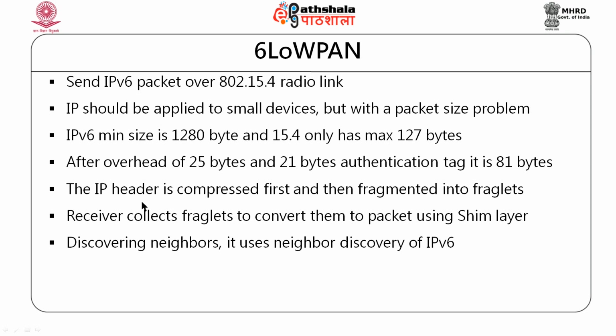So, that is the reason why the IP header is compressed first and then fragmented into fraglets, and the receiver collects fraglets to convert them into packets using the shim layer, which I talked about. For discovering neighbors, it uses the neighbor discovery protocol, ND. But that is again the network discovery of conventional IP version 6, using a lot of broadcast.